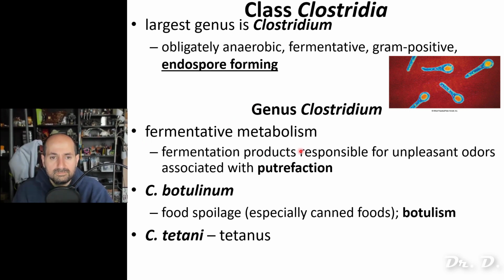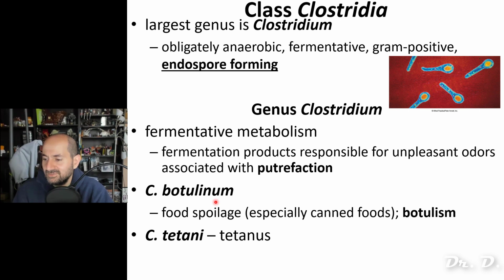So, what do we know about Clostridium? They can cause food spoilage, Clostridium botulinum. Remember, I had that example of Clostridium botulinum growing inside my can of diced tomatoes. That would be an example of botulism, which is a disease caused by the Clostridium botulinum toxin called Botox, right?